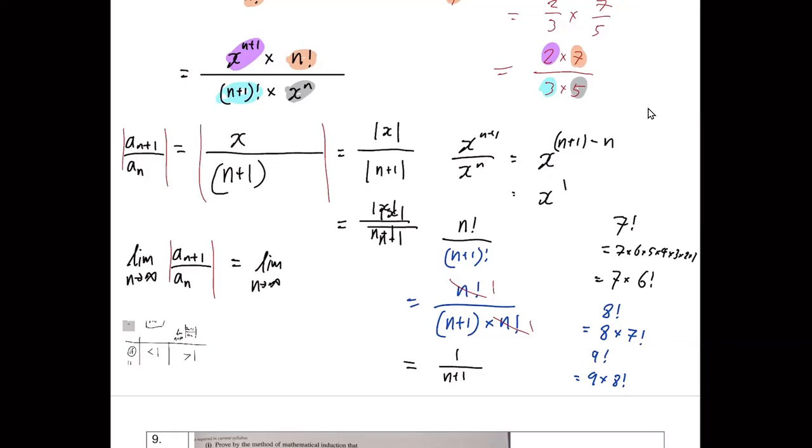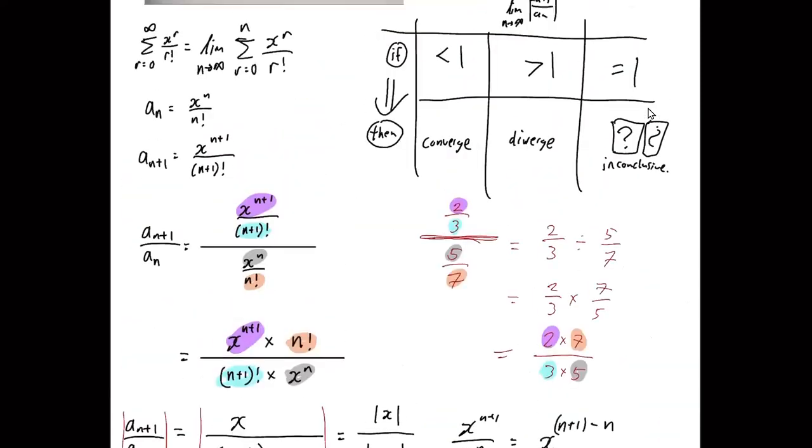So if n goes to infinity, the denominator goes towards infinity. You're dividing by infinity. What do you think this will be equal to? This must be equal to 0, right? Okay, good. So that means the x here, probably it will not... let me just see the condition for x.